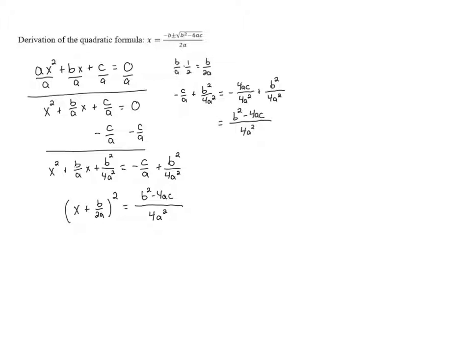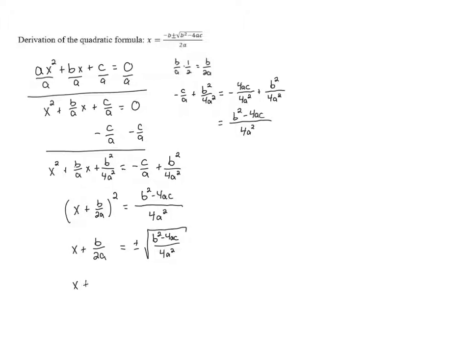When we take the square root of the left-hand side, that effectively undoes the squaring and gives us x plus b over 2a. And on the right-hand side, we have plus or minus the square root of b squared minus 4ac over 4a squared. Now, the numerator is not a perfect square, but the denominator is. And because this is in a square root, we can actually evaluate that and take it out of the square root.